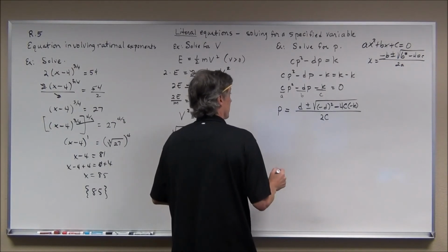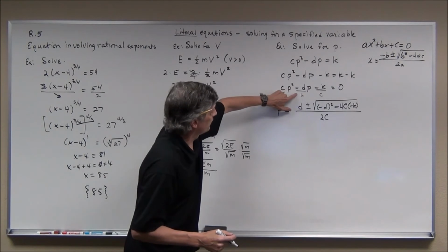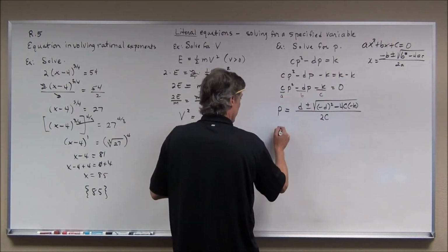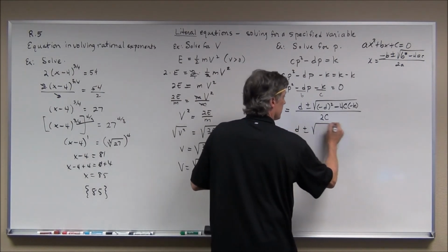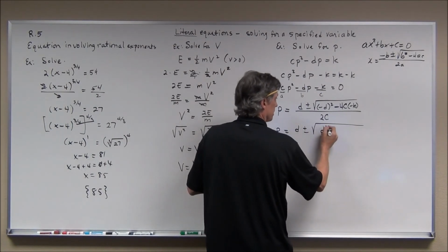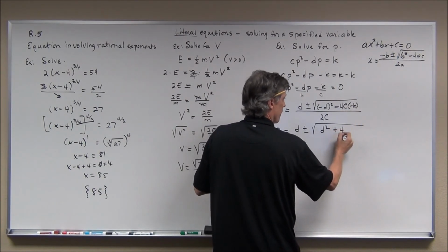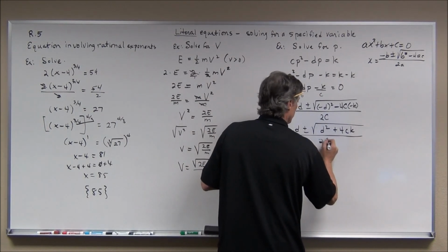It sounds almost like I'm messing up here, but these are the coefficients A, B, and C from the standard form. So now I'm going to simplify this if I can. The opposite of d squared, negative times negative is positive, I can just write that as d squared, minus 4 times c times the opposite of k, negative negative, I'm going to write plus 4ck, all over 2c.